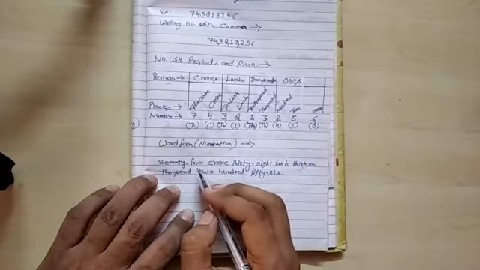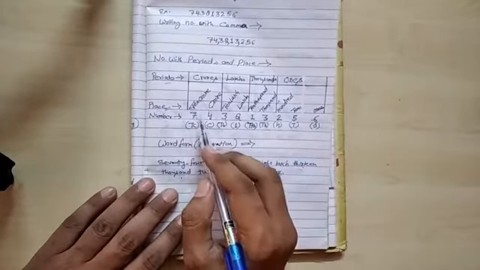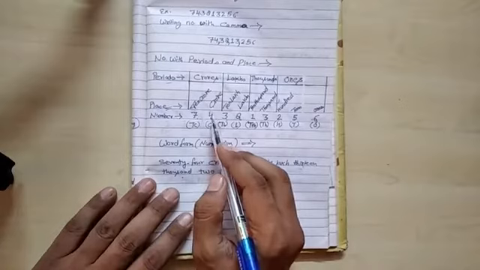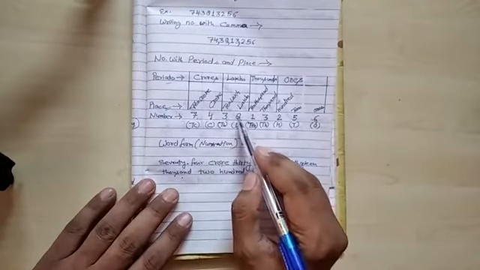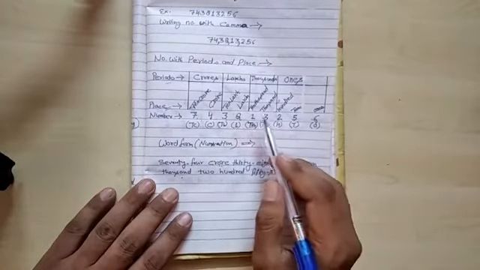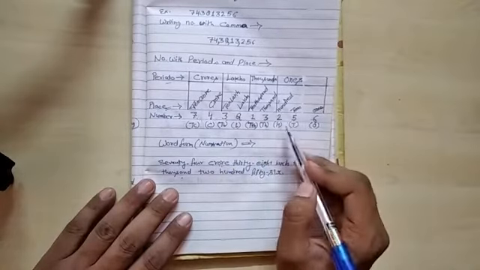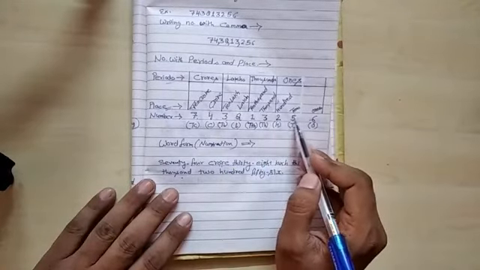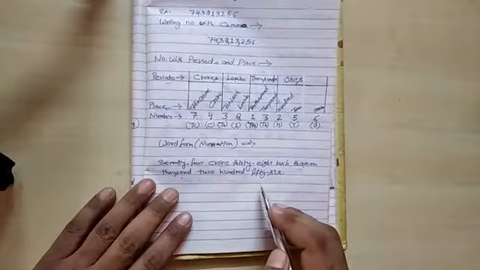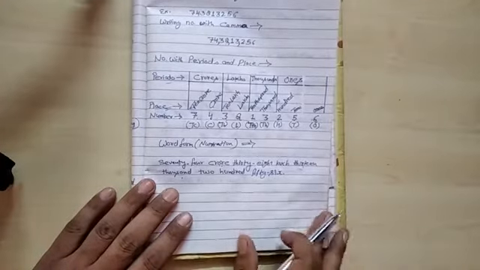So we read it as 74 crore 38 lakh 13,000 and 256. Got it?